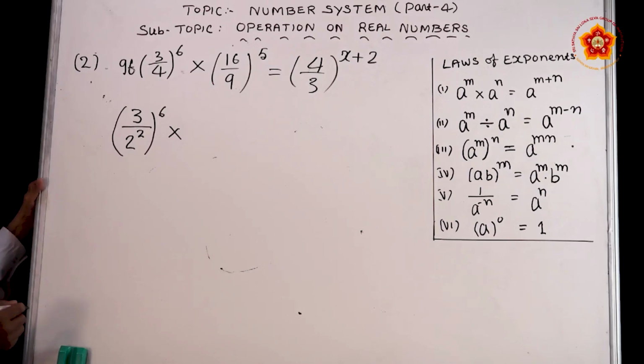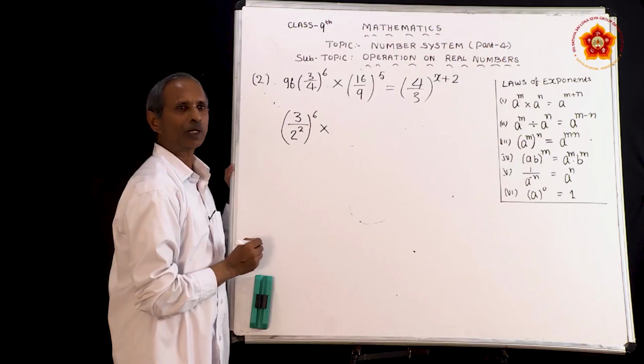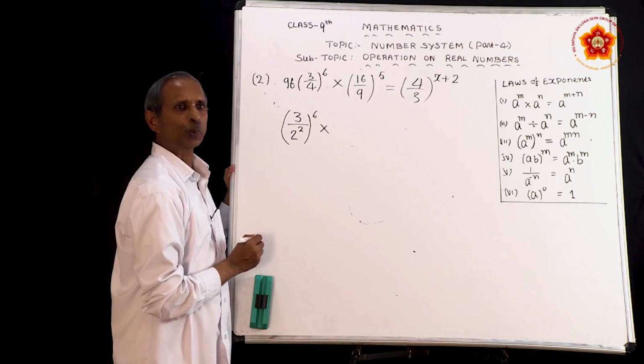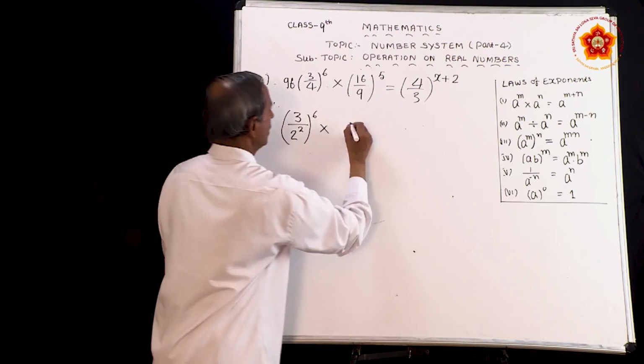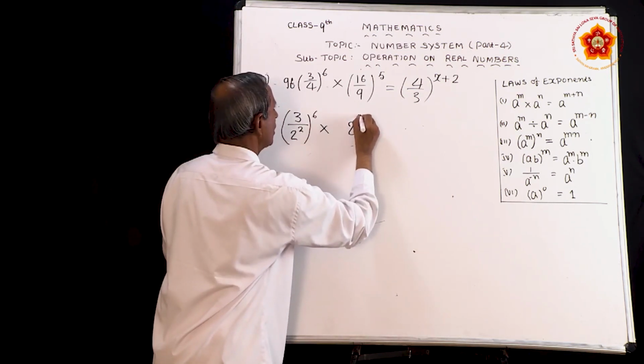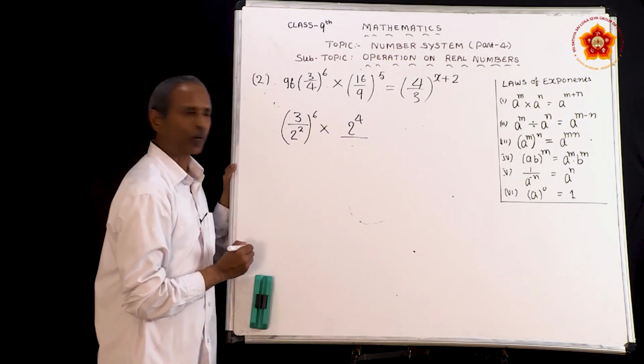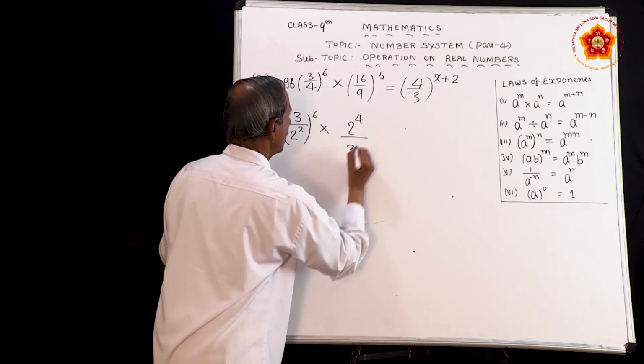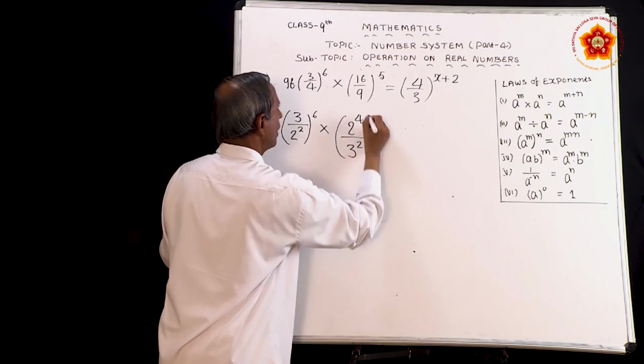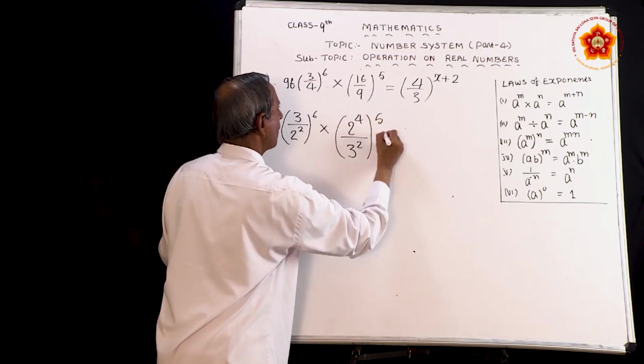Similarly, the factors of 16 you already know, it can be expressed as 2 raised to the power of 4. Now write 2 raised to the power of 4. Similarly, 9 can be expressed as 3 square. I write it as (3 square) whole raised to the power of 5.